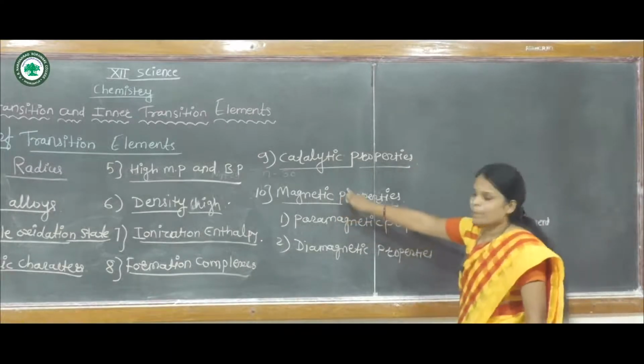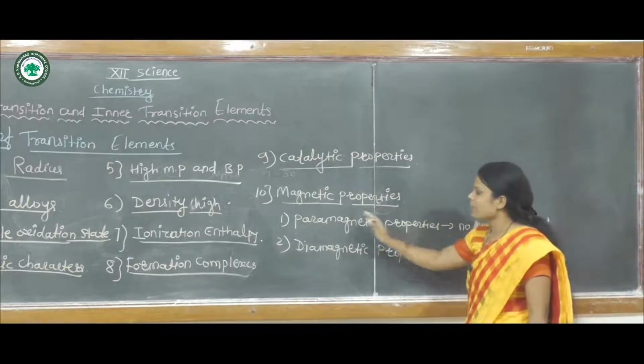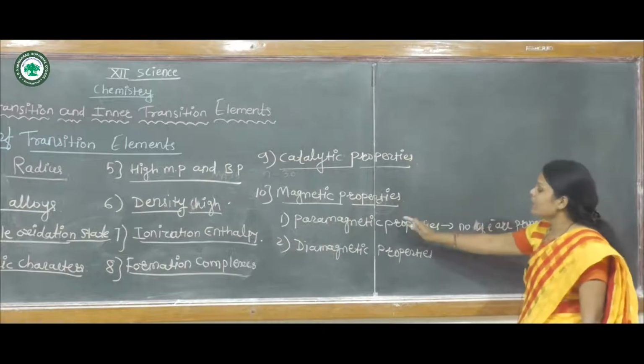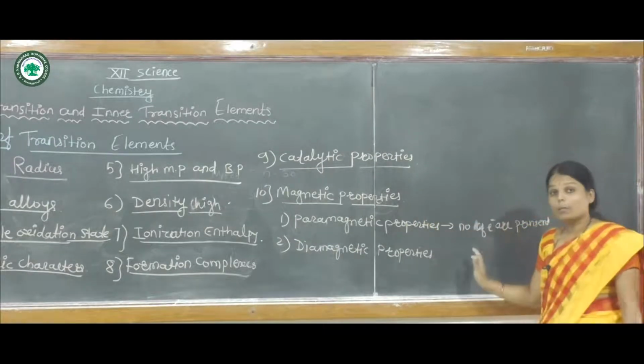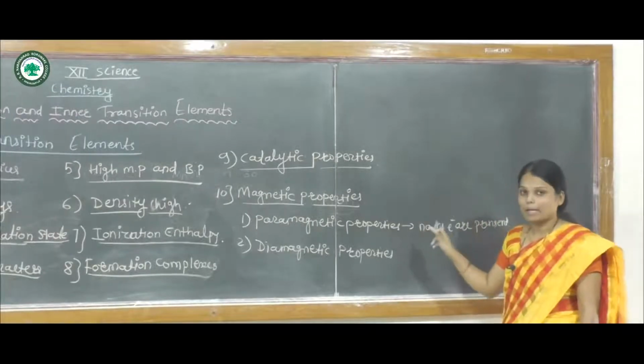For the magnetic properties of the transition elements, there are two types: the first is paramagnetic and the second is diamagnetic. In paramagnetic properties, a number of unpaired electrons are present, and that's why it shows paramagnetic properties.